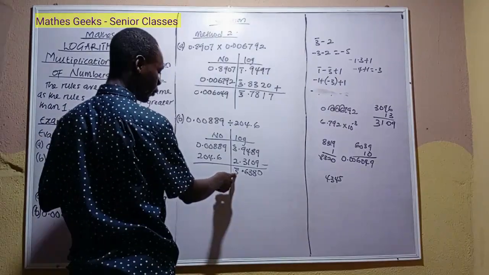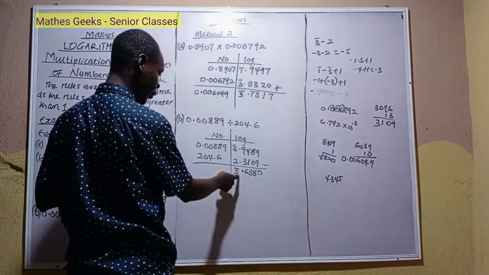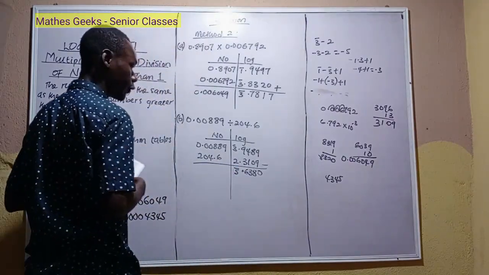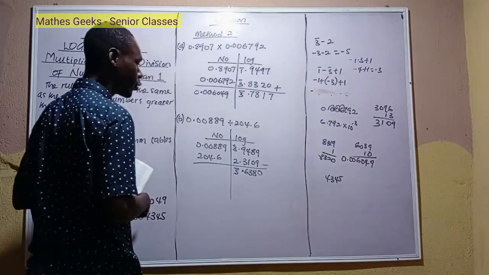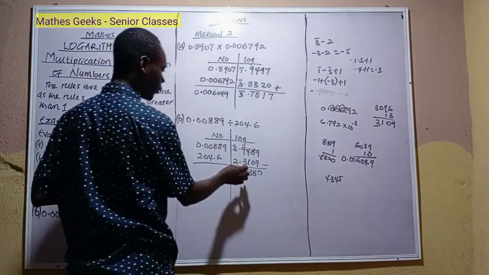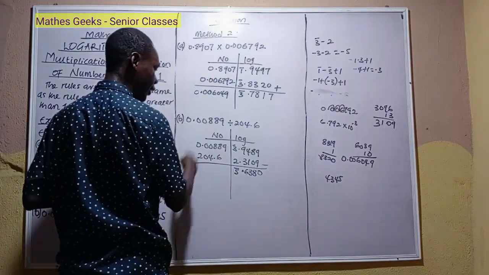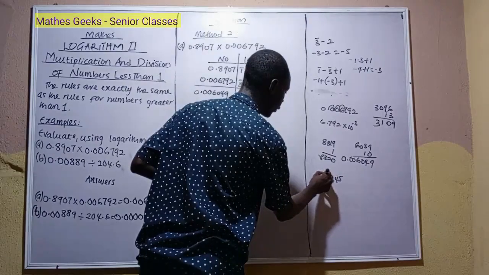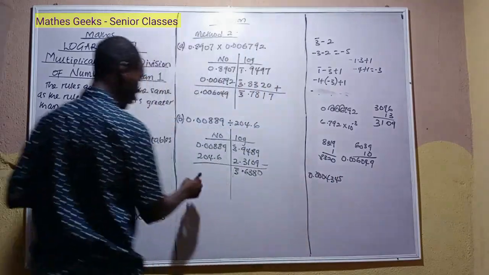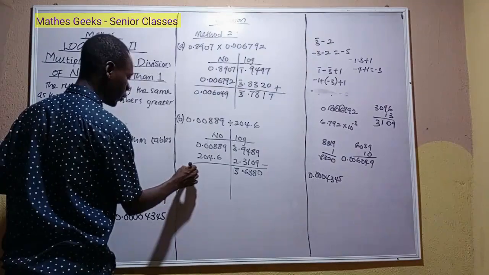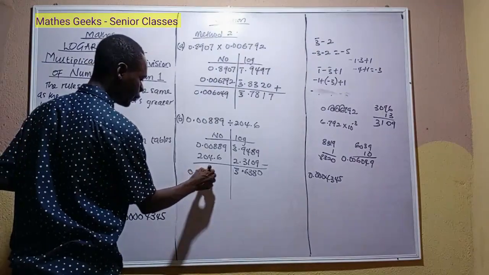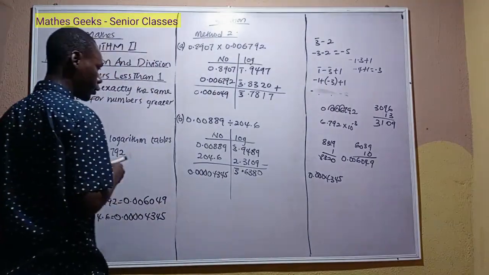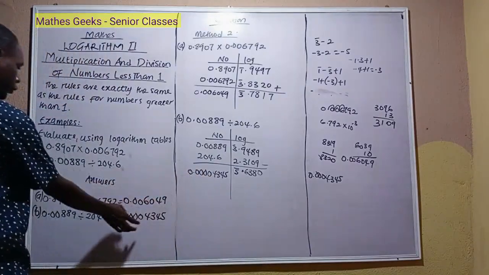Since the characteristic here, the figure before the decimal point, is minus 5 or bar 5, it shows that there were 4 zeros between the decimal point and the first significant figure. This gives us 0.0000445. So let's compare this to this.